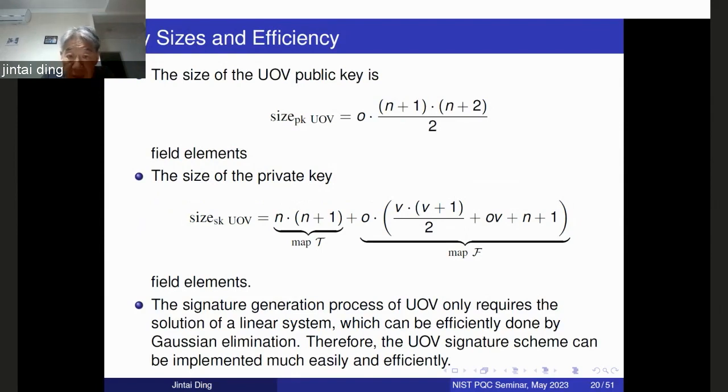The size of the private key is given by a very similar formula, coming from the map T and the map F. You can see the key sizes are relatively large if n goes to 50 or 100. So the public key size and the private key size can be large, but computation is very efficient.